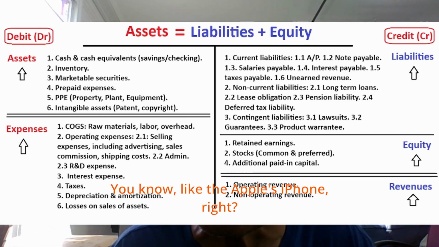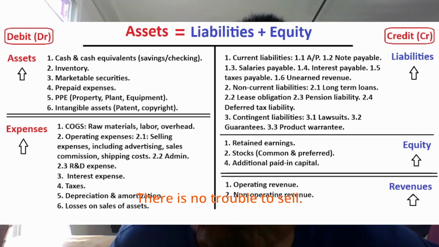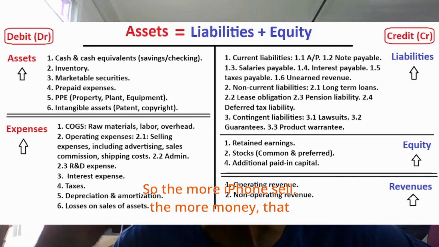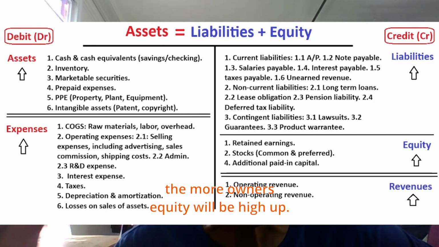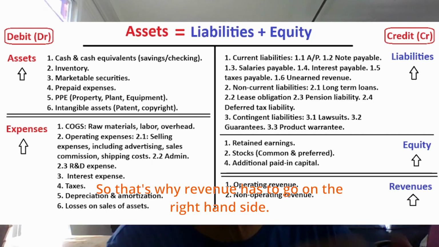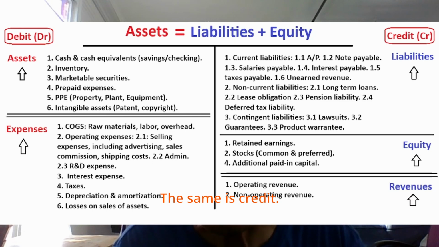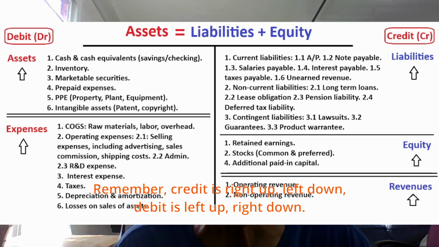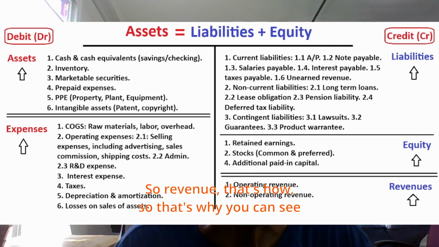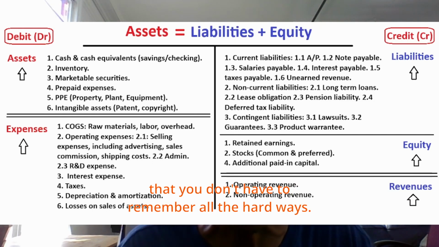For example, if your item is selling well, like Apple's iPhone, with no trouble to sell, then the more iPhones sold, the more money Apple earns, and the equity will be higher. So that's why revenue goes on the right-hand side, the same as credit. Remember, credit is right up, left down. Debit is left up, right down.